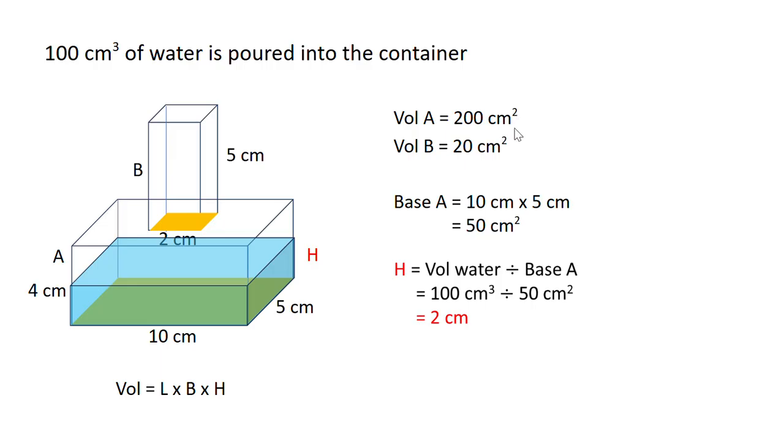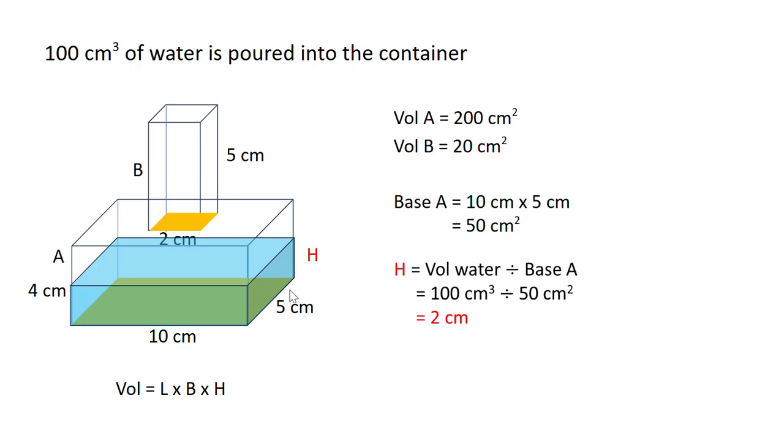Sorry, it should be cube here and it should be cube here. Apologies. So 100 centimeter cube of water trying to fill up 200 centimeter cube is not possible. So in this case we can ignore volume of B.